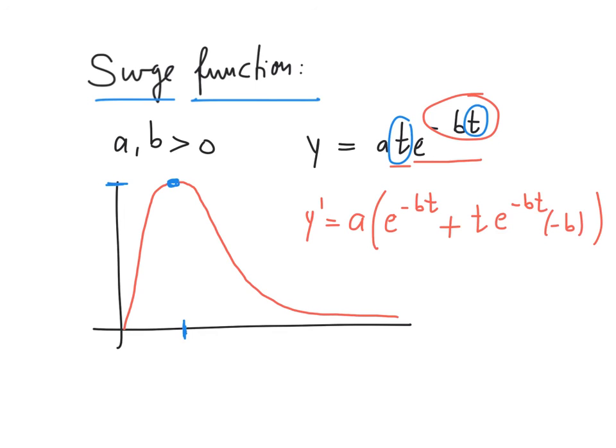Okay, so we can simplify this a little bit more, and we get a times, we can pull out the e to the minus bt here, and then we'd have 1 minus bt.